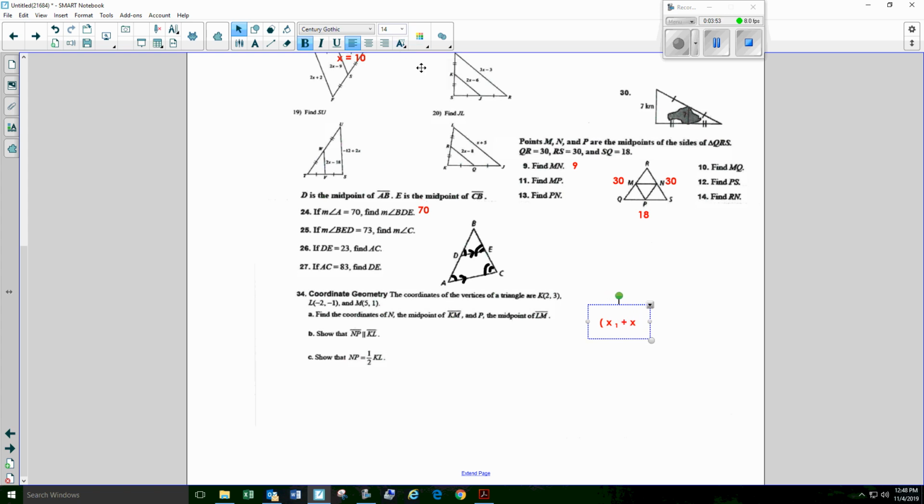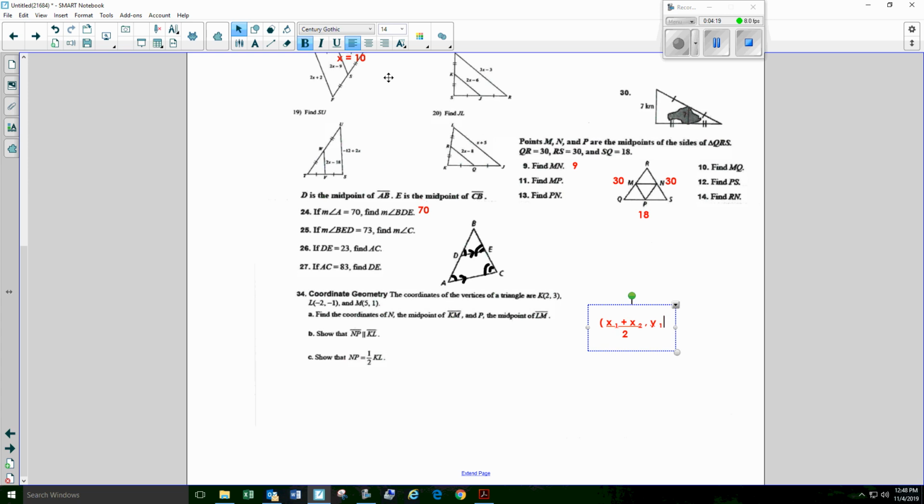That's just your 2 x coordinates is all that means. Divided by 2. That means we're finding the average between them. Find the average of two numbers. In this case, it's the x coordinates. And then we do the same thing again for the y coordinates. So comma, y sub 1 plus y sub 2 divided by 2.